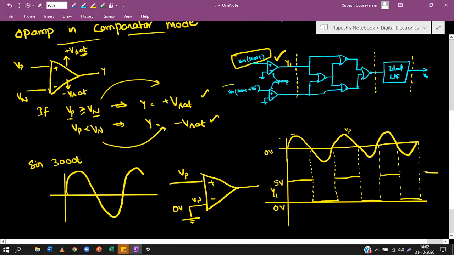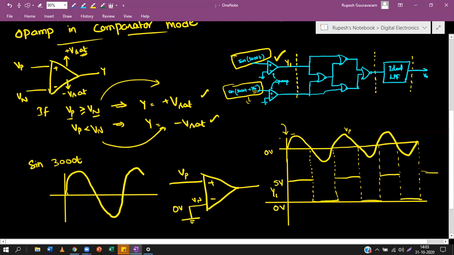Similarly, the second signal is sine 3000t plus 36 degrees. That means plus 36 means what? The value of the earlier signal that occurs at 0 degrees will occur for this particular signal before time, and the difference in the angle will be 36 degrees.